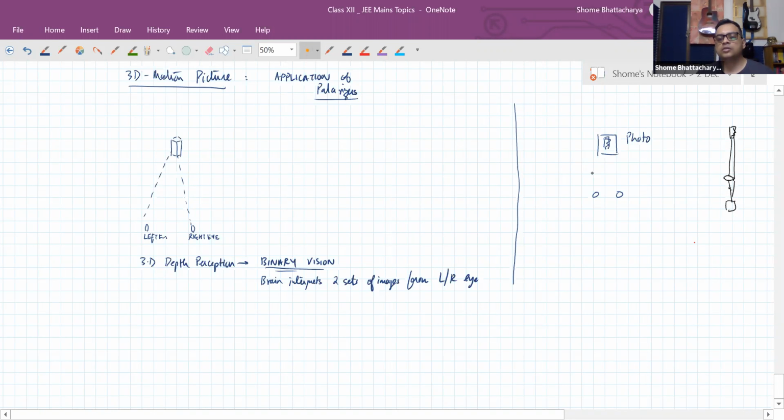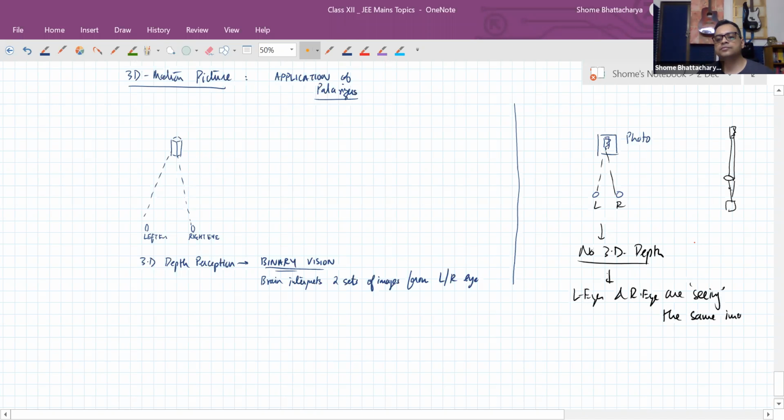So when we see that image through our left and right eye, there is no three-dimensional depth in it, because our left eye and right eye are seeing the same image, the same reconstruction of that object taken from one angle. So there is no three dimensionality in it.